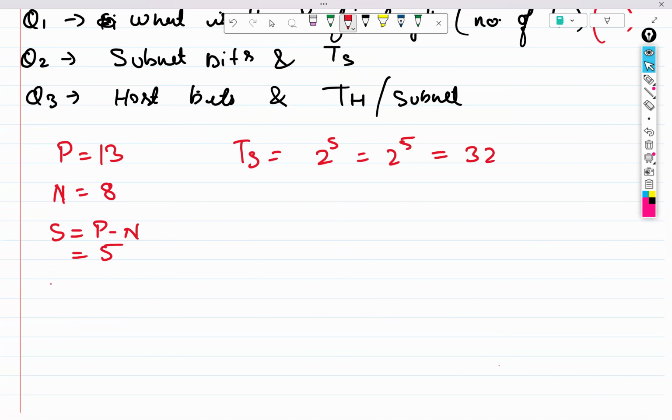Okay, so you have P bits, or the total number of ones, as 13, and we know that our IP address is 32 bits long. And the IP address mask consists of only ones and zeros. So you already have 13 ones. So the remaining should be zeros, right? And zeros are calculated as the host bits.